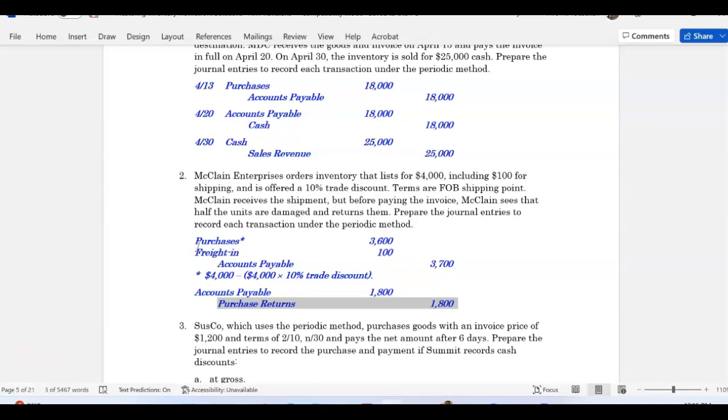Net purchase equals purchases less purchase returns, less purchase allowances, less purchase discount, plus freight in. That's your net purchase. Okay? If there is no question on this part, we keep going.